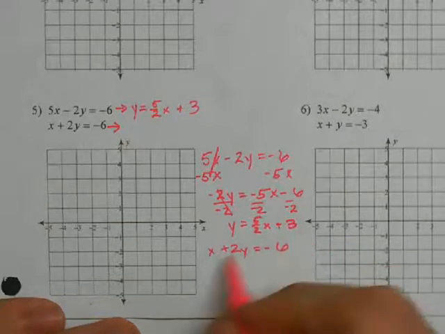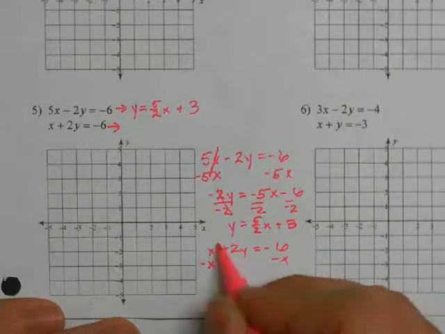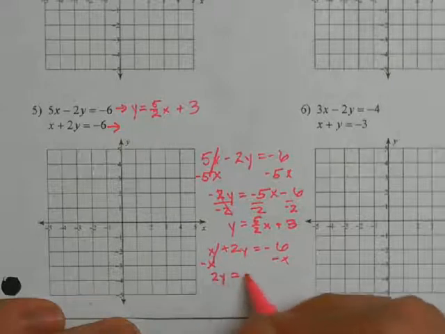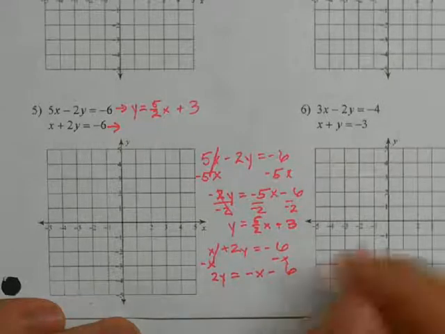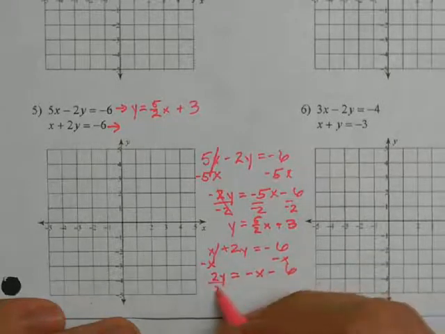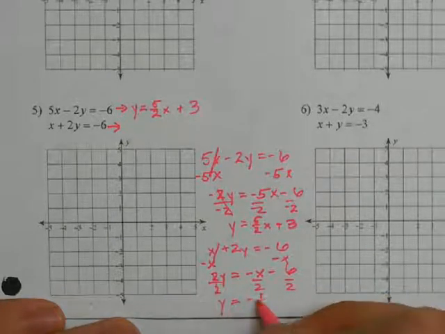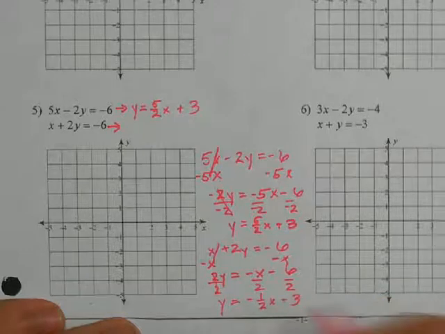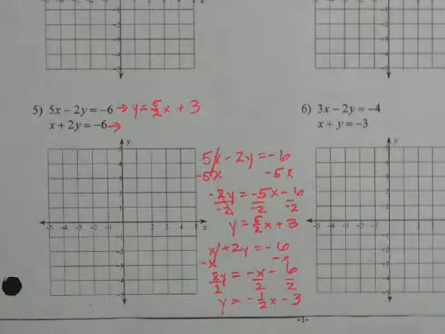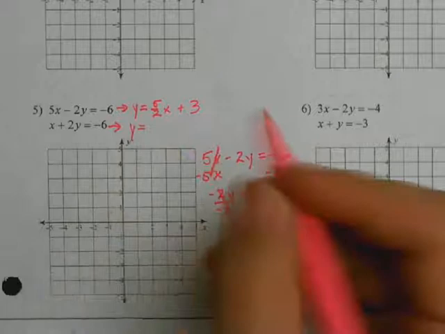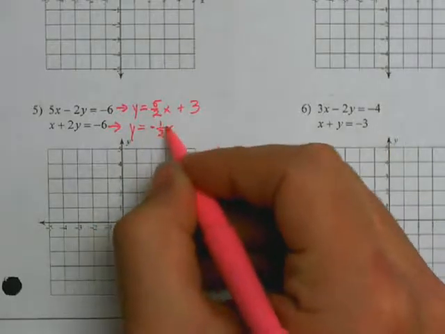So I'm going to subtract x from both sides. That cancels. I got 2y equals negative x minus 6. And then from there, divide everything by 2. And I would have y equals negative 1 over 2x minus 3. Okay? So that's y equals negative 1/2 x minus 3.